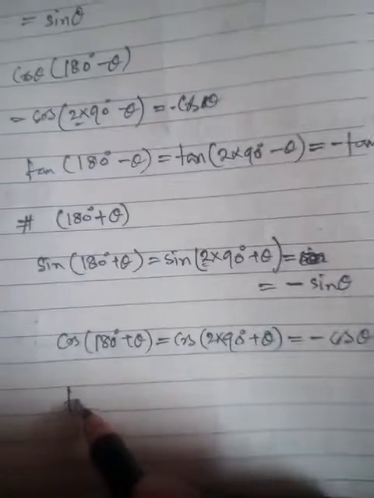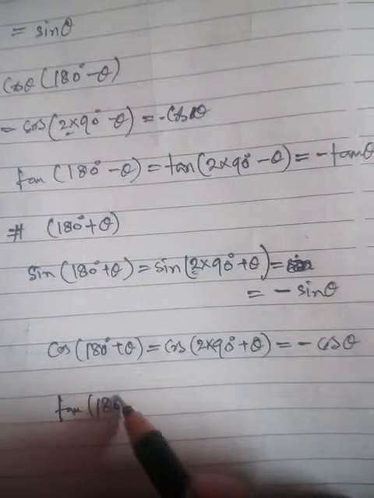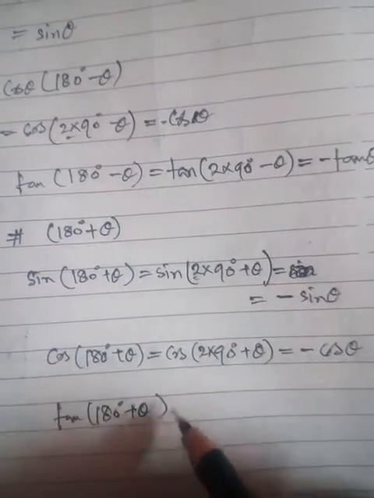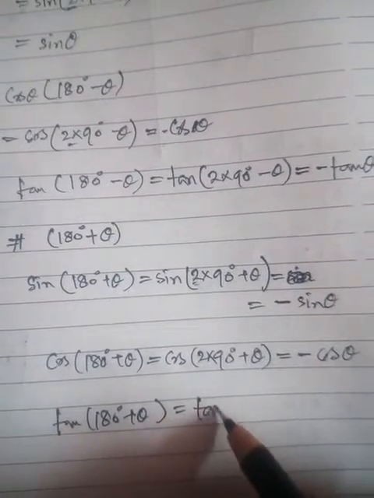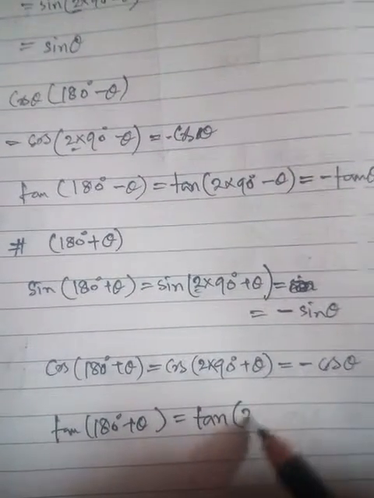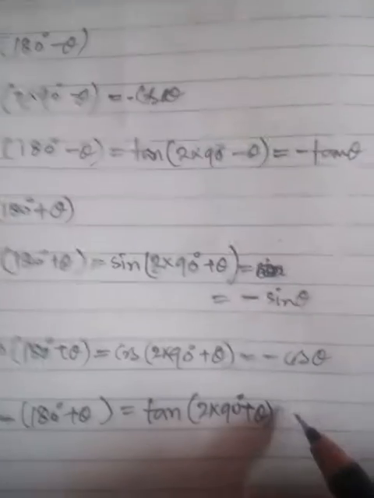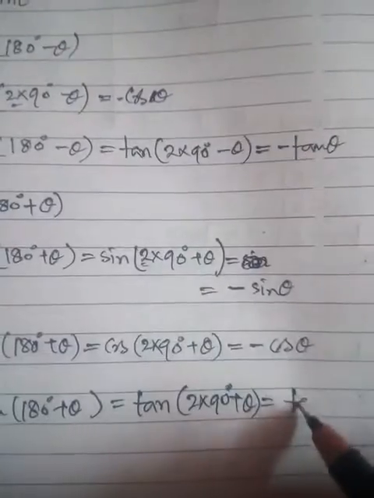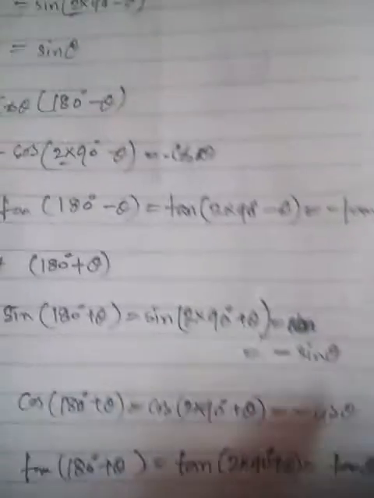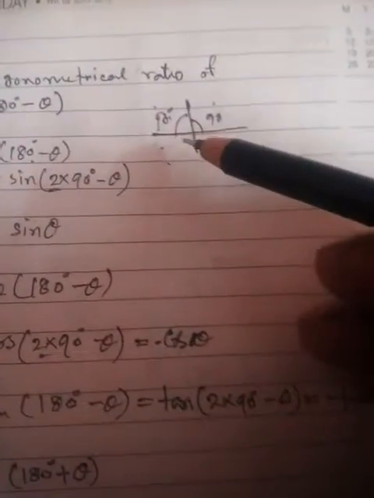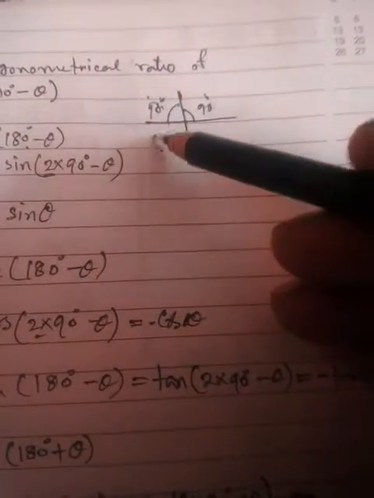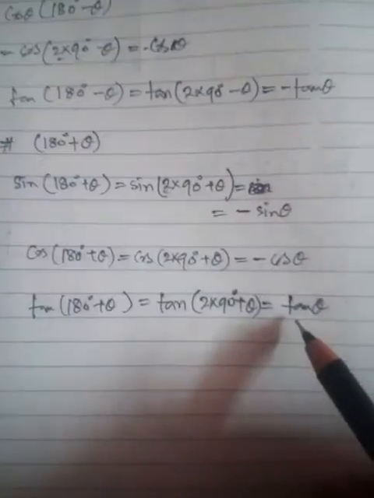Now in case of tan 180 degree plus theta equals tan 2 into 90 degree plus theta, it will be tan theta, because it is situated in the third quadrant. And all sine tan cos, the value of tan theta in the third quadrant will be positive. That's why this value is positive.